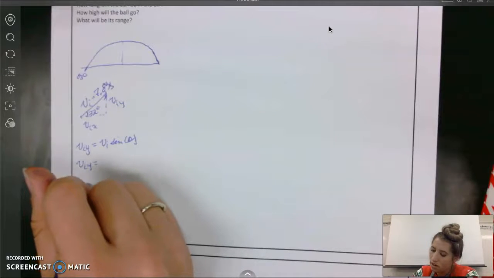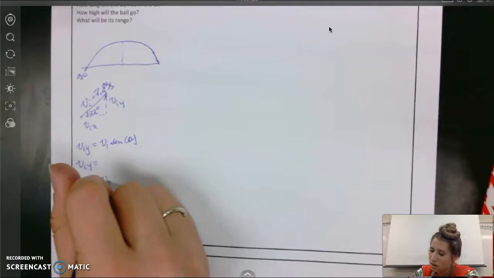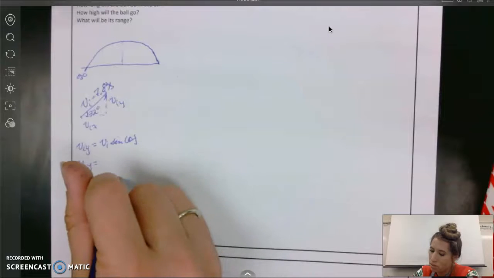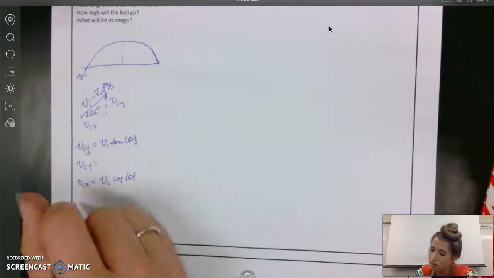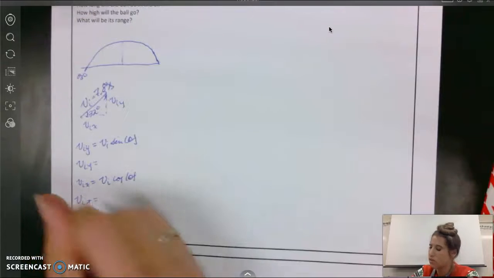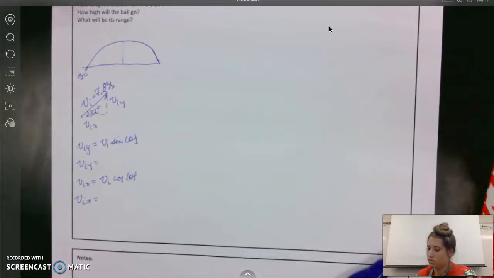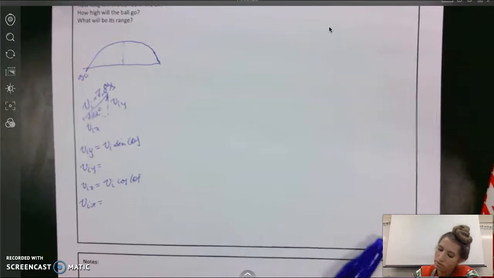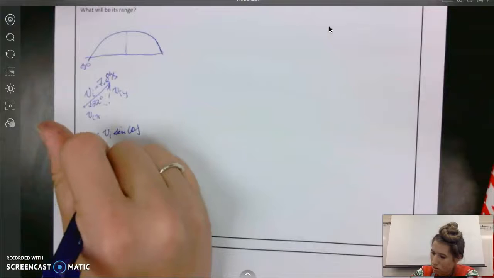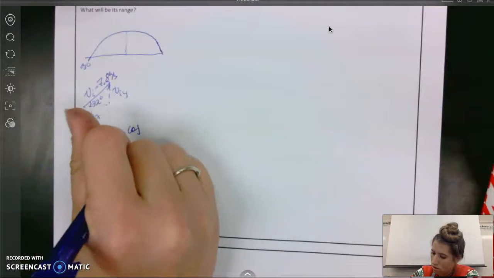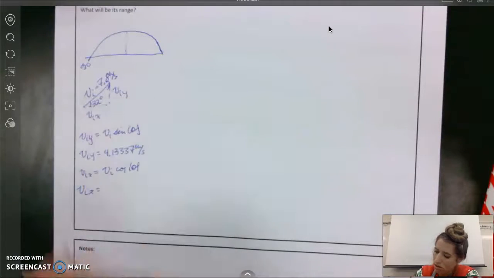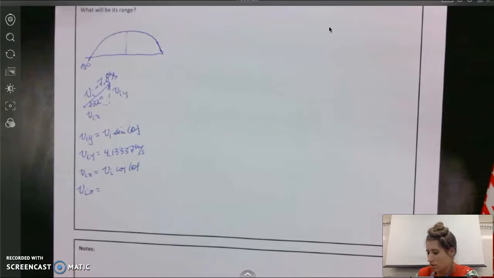Velocity initial in the x is going to be the hypotenuse multiplied by the cosine of that angle. So we have 7.8 times the sine of 32. And then I'm going to do cosine.